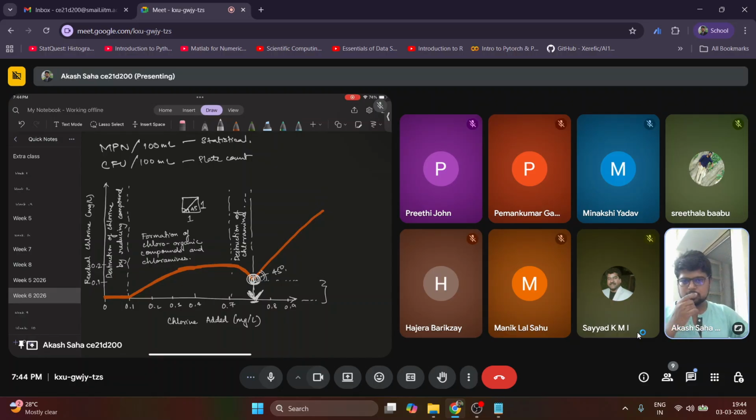So maybe this is 0.75. Till we add 0.75 milligram per liter of chlorine, there will be reduction, destruction, all things going on. After this, whatever chlorine we add will remain as it is. So this is the break point.